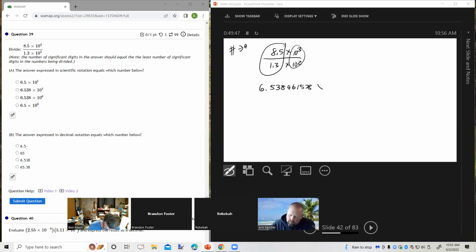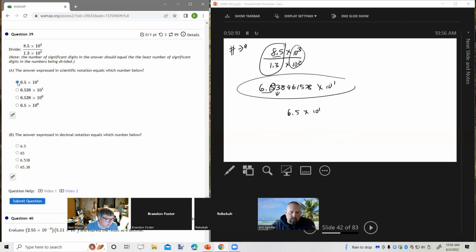And then times 10 to the third divided by 10 to the second is 10 to the 1. This is in scientific notation already. I have two significant digits on top, two significant digits on the bottom, so we're going to round down. So 6.5 times 10 to the 1 power, which is right there. Okay, again, we're going to skip part B.